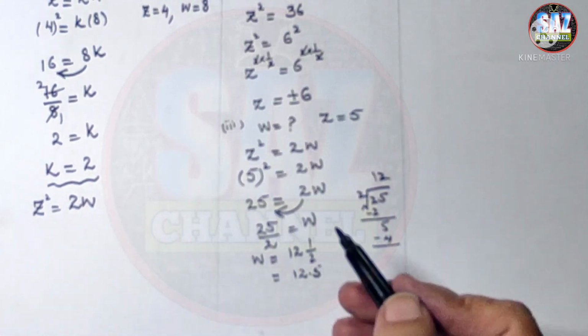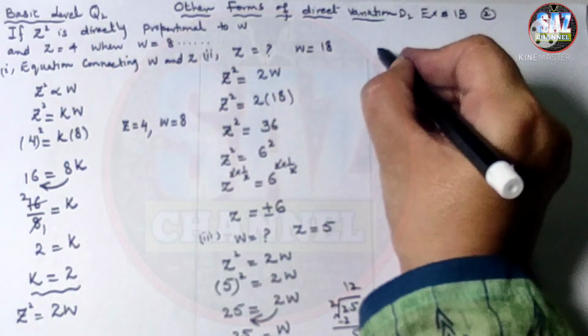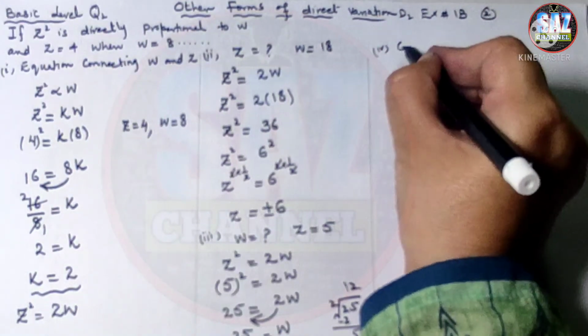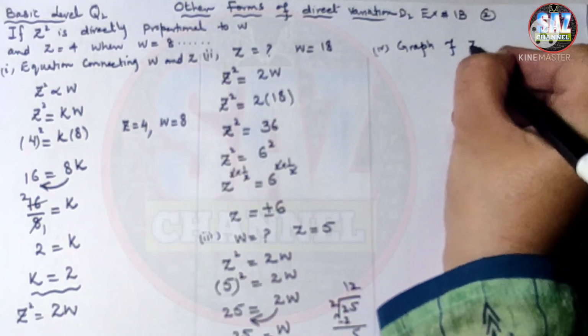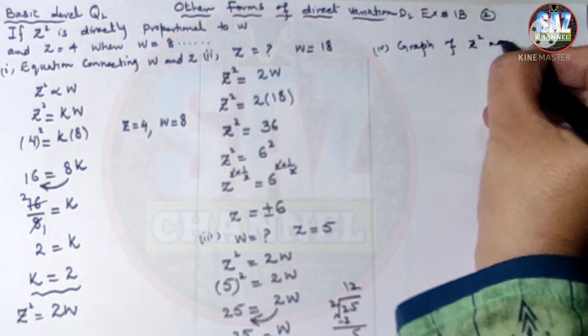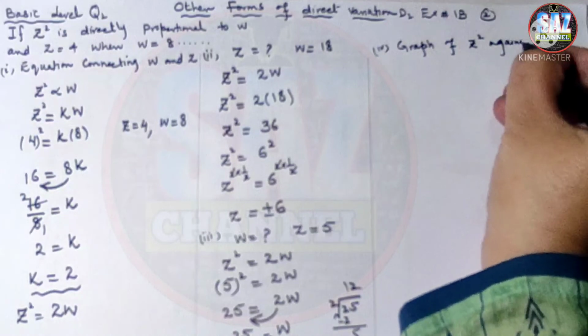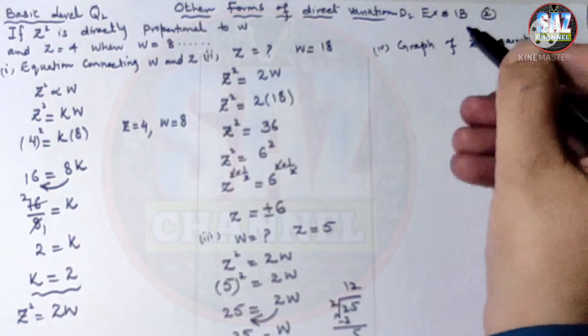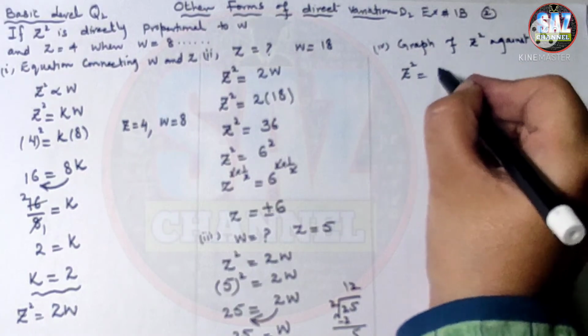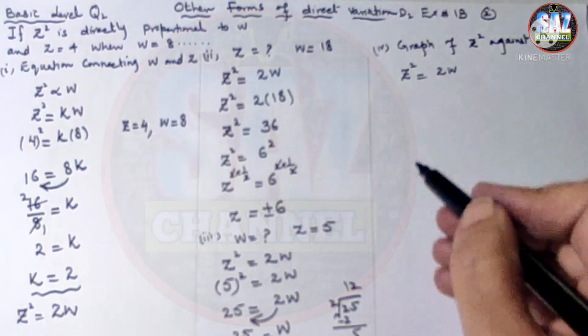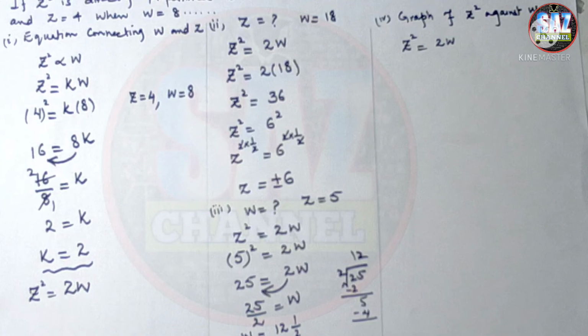And the last part says that we have to draw the graph of z square against w. Now see, the relationship is that z square equals 2w. Let's go for the drawing of graph for this question.